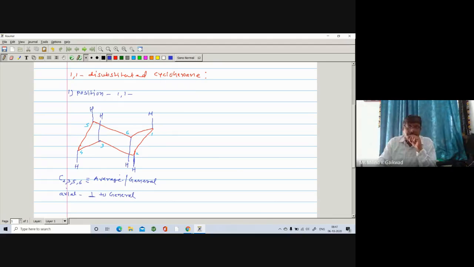Right, now the next one is the equatorial bond. So here is the axial bond we have seen. Second is the equatorial bond.